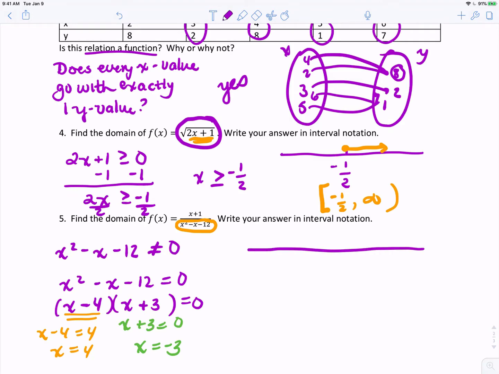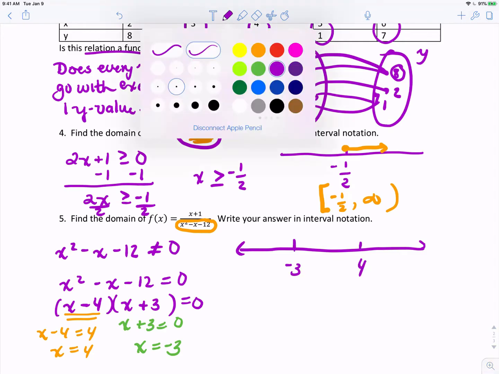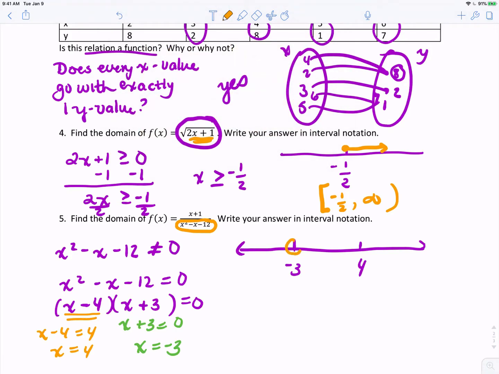So this is what the domain would look like. Here's the number line. Here's -3. And here's 4. And the domain would not include -3 and would not include 4, but it would include every other number. And notice that it would come in 3 pieces.